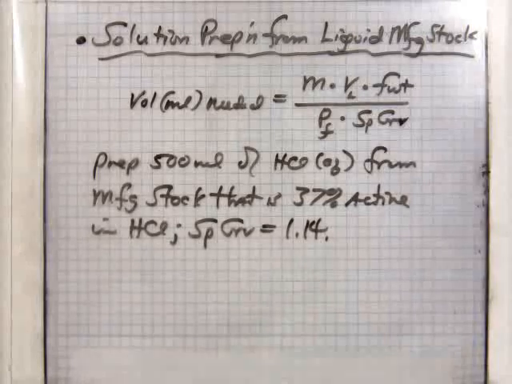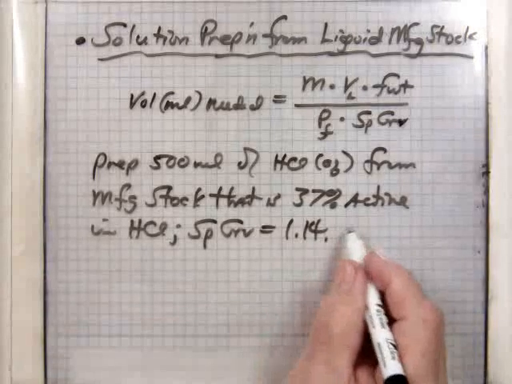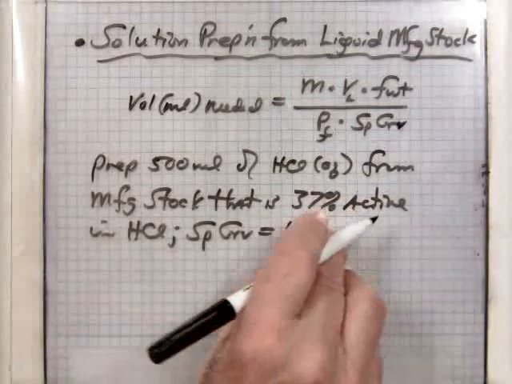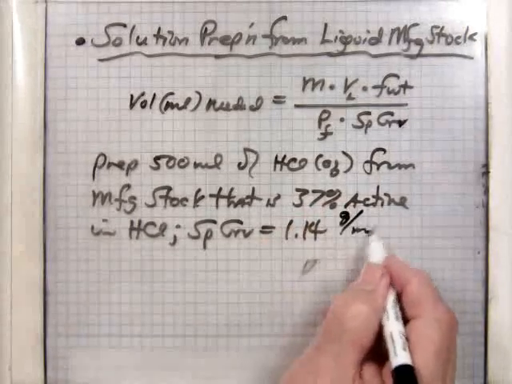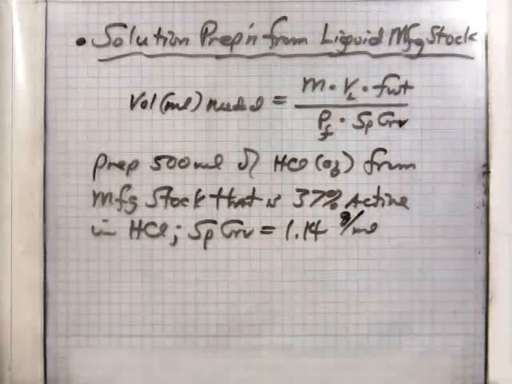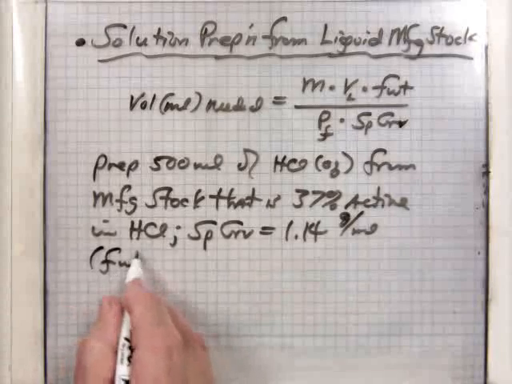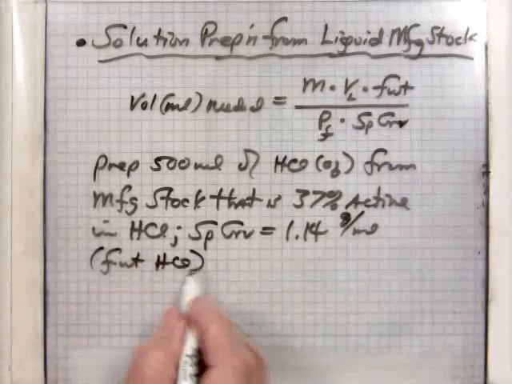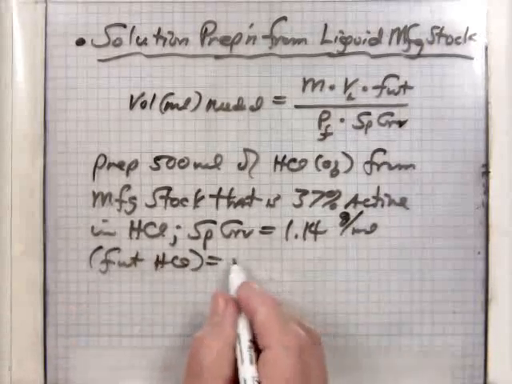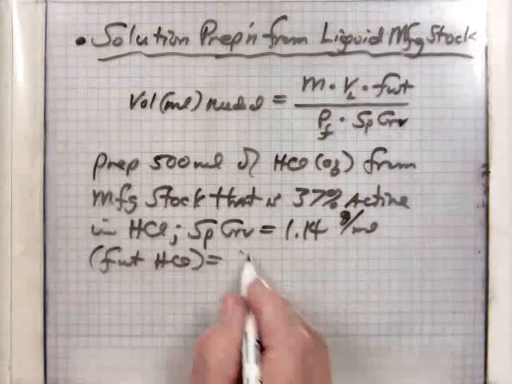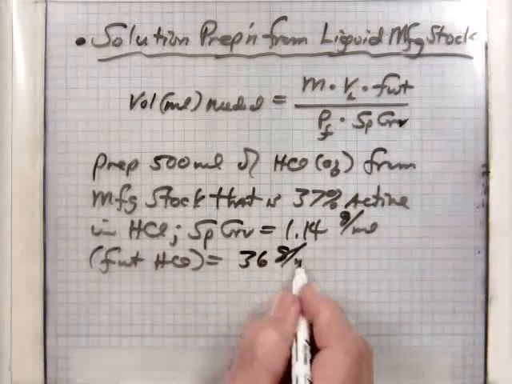And so, of course, that's the density. So it's the same as 1.14 grams per mil. And the formula weight of HCl is 36 grams per mole.